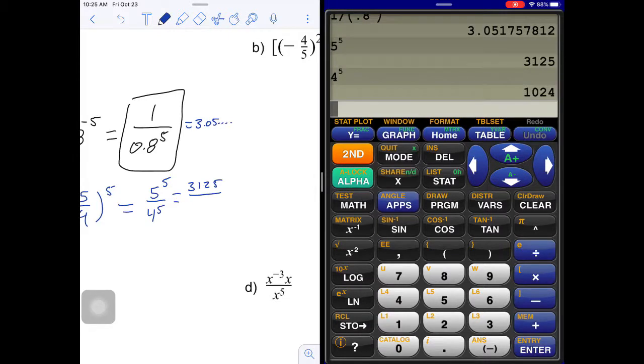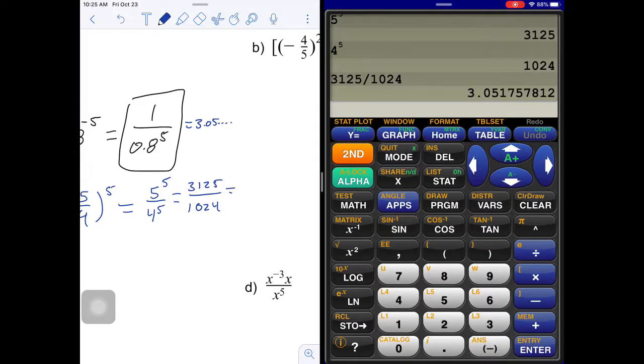So my bottom number here is 1,024. So there's a fraction. Let's do 3,125 divided by 1,024. Well, would you look at that? That gives me the exact same solution. And of course, because again, these are the same things. They're just expressed differently.